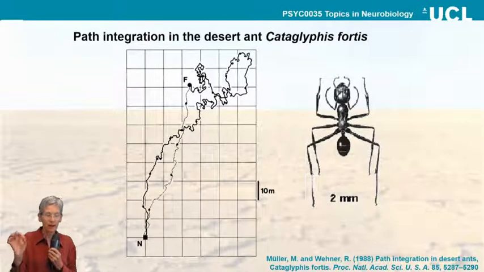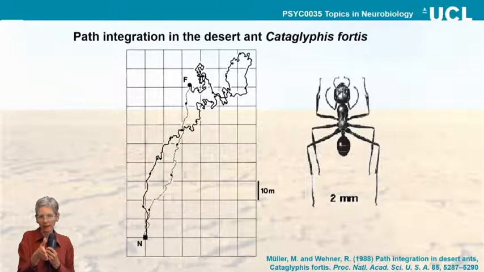Then, having not found the nest, it'll start to search for it, doing this kind of looping search. That indicates that the ant wasn't tracking the odour of the nest or using what we would call a beacon source of information, because if that were the case, it would have adjusted its homing angle to go back to the nest. So that tells us that the ant knew the direction and the distance back to the nest, so it had a homing vector.